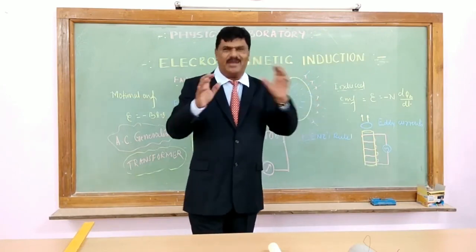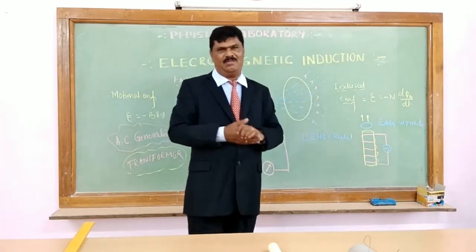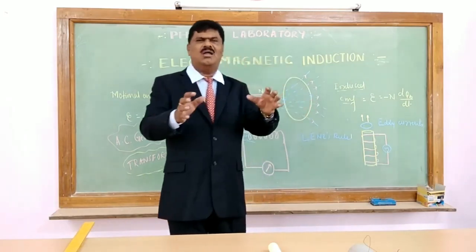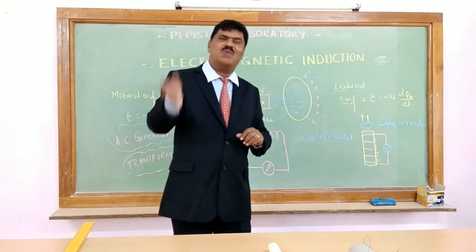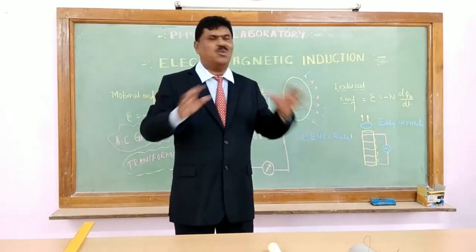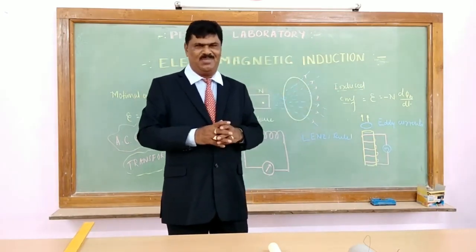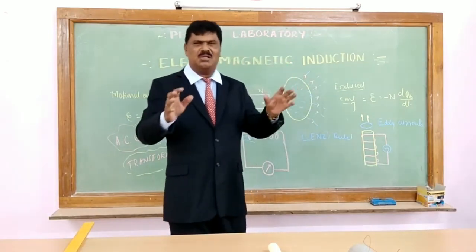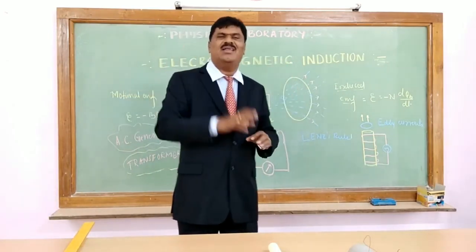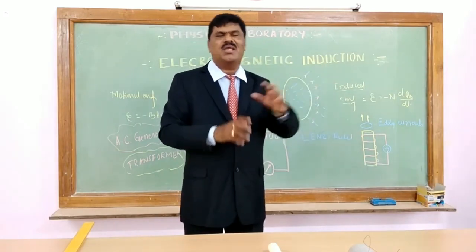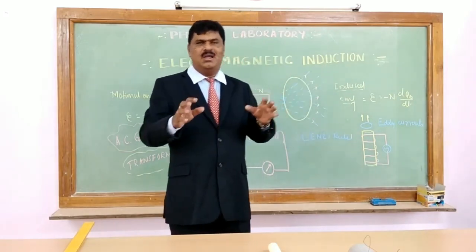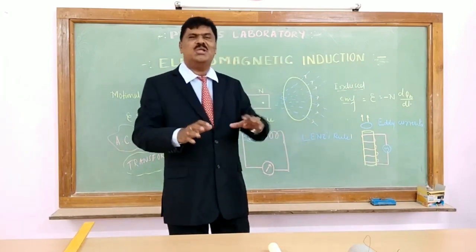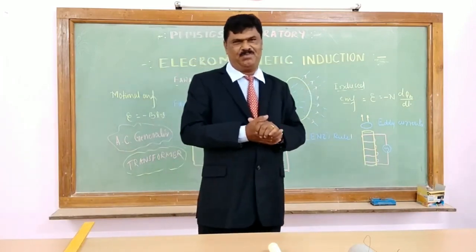In short, it is called EMI. EMI is one in which one form of energy gets converted into another form of energy. Those two forms of energy are a mechanical energy and an electrical energy. So in this phenomenon, mechanical energy gets converted into electrical energy.